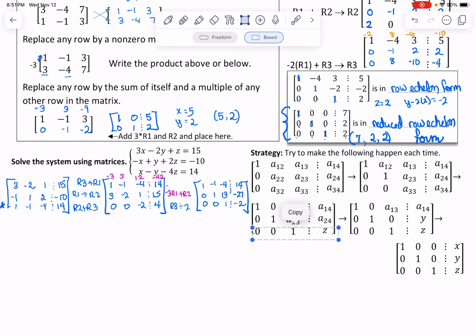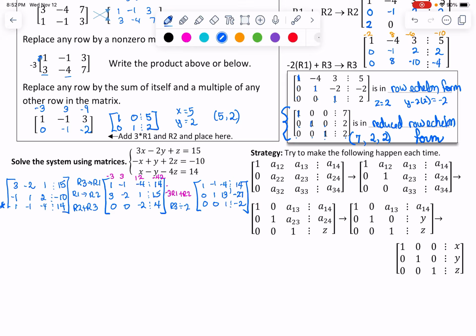So the next step is going to be to try to figure out how we can leverage this one to eliminate that one. So notice that if I add the second row to the first row, it doesn't change that leading one, but it will give us a 0 in this spot.